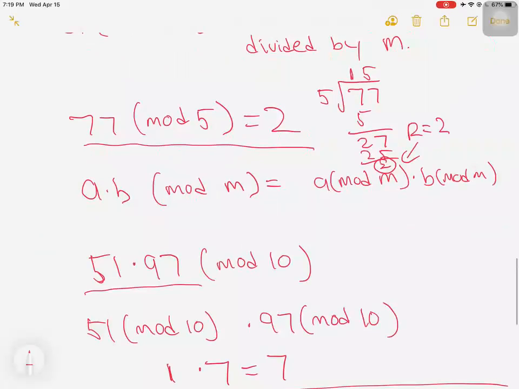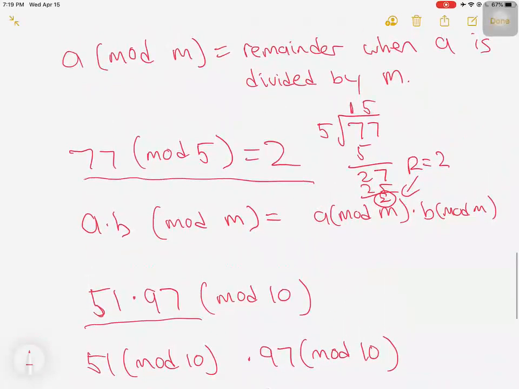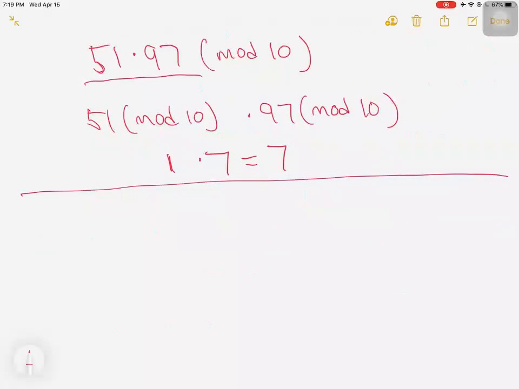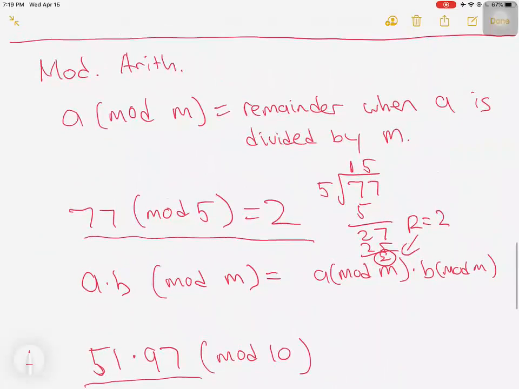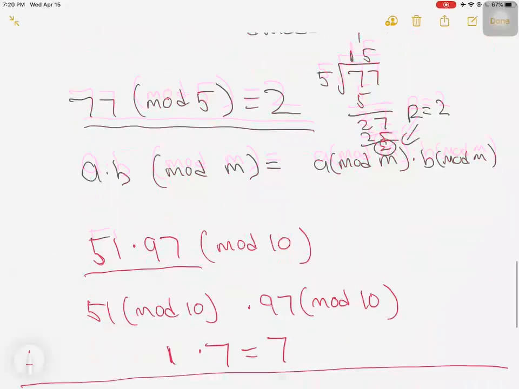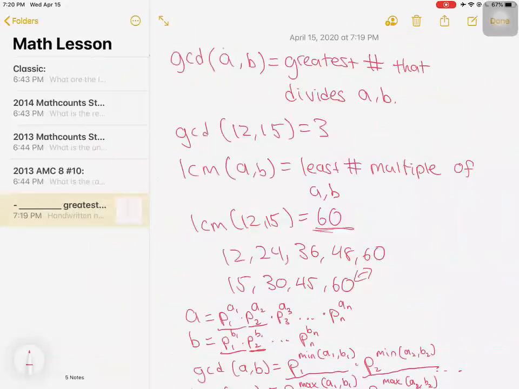Okay, that's basically all mods are. They look complicated, but that's basically all it is. You're just dividing by a number and taking the remainder. We'll go into some more advanced questions that use this later. But yeah, I think that's all for the lesson. And then we're actually going to go to solving some questions now.